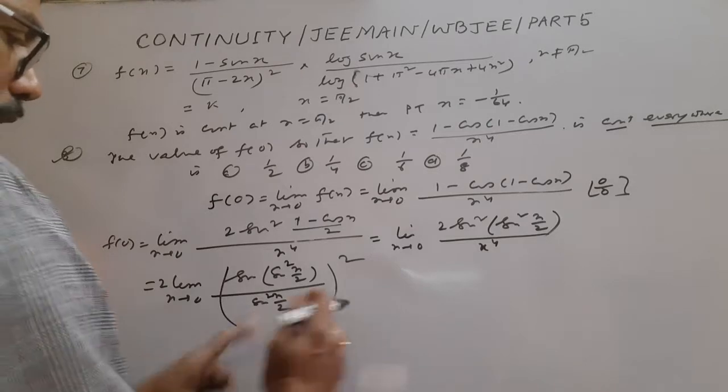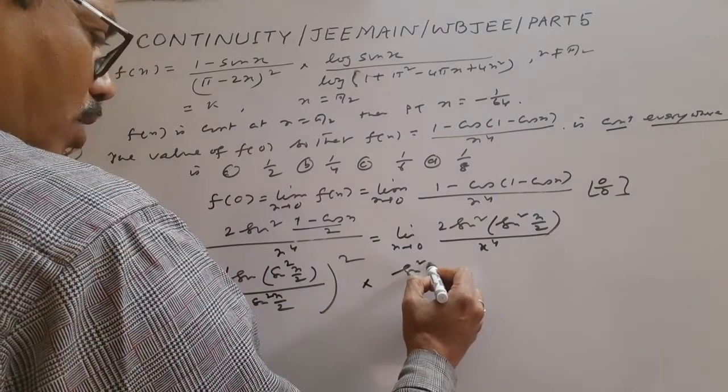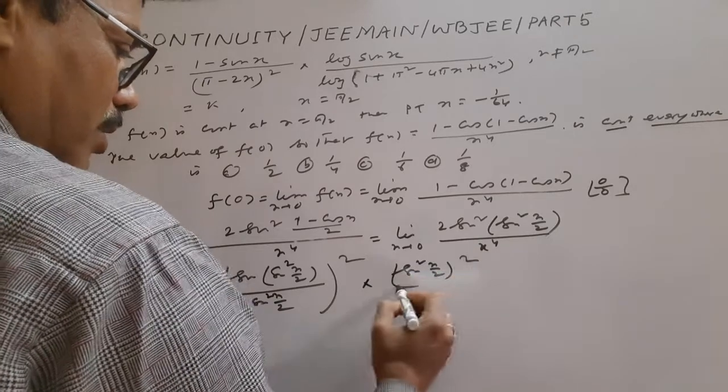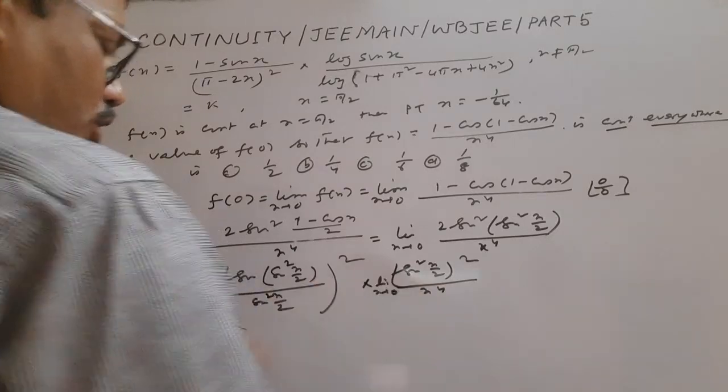Now this one is extra: sin square x by 2 whole square by x to the power 4, limit x tends to 0.